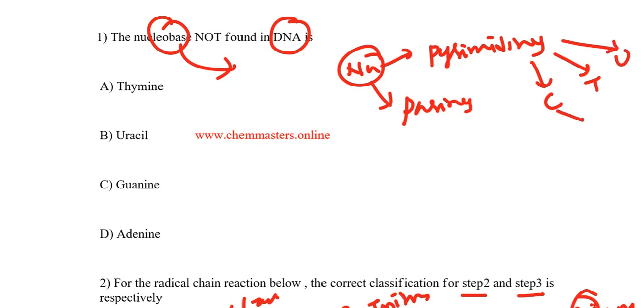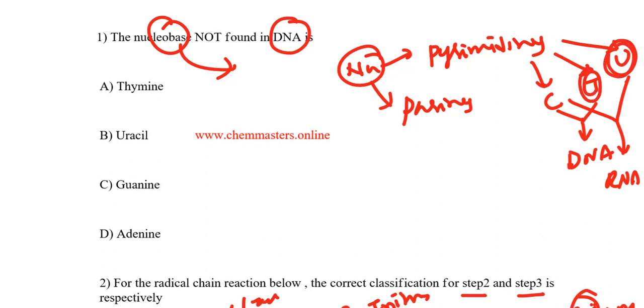Cytosine and thymine are generally found in DNA, whereas cytosine and uracil are found in RNA. So this is the difference we can observe. Uracil is found in RNA, thymine is found in DNA, and all the others are found in both DNA and RNA.